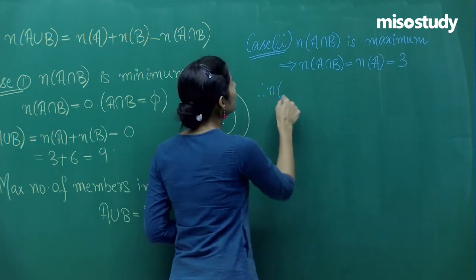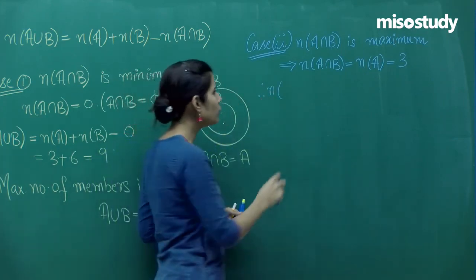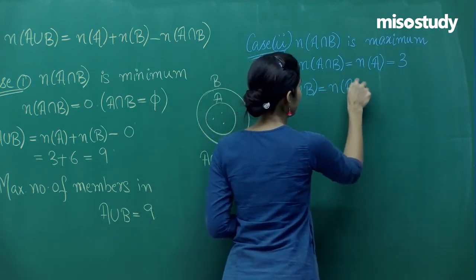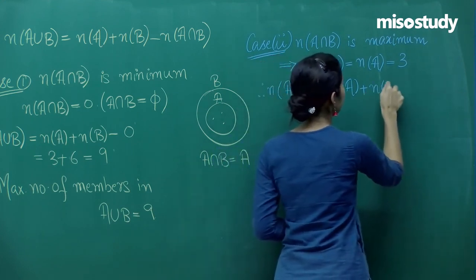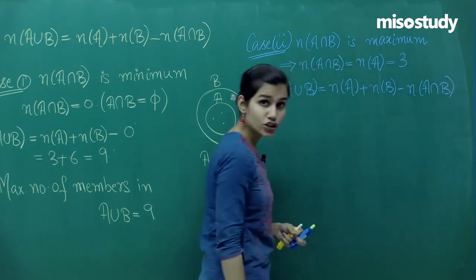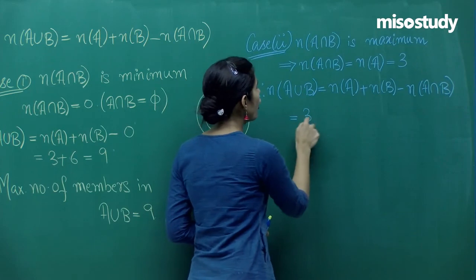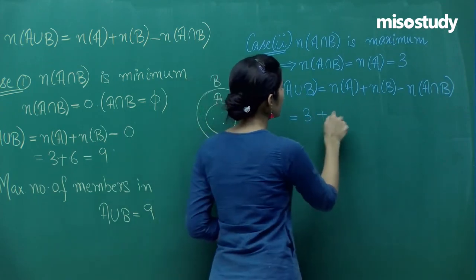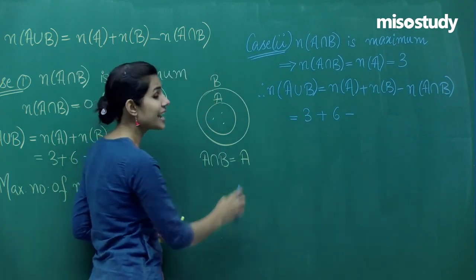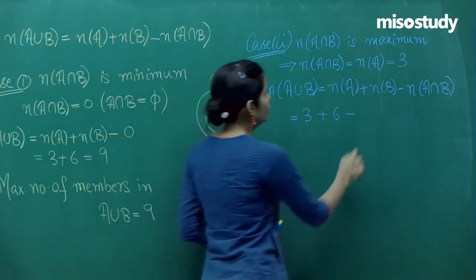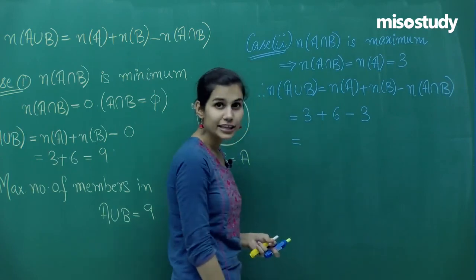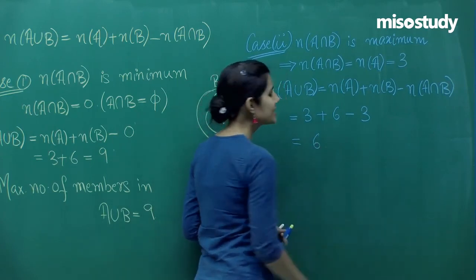Therefore, the minimum number of members in A union B will be the number of members in A plus the number of members in B minus the number of members in A intersection B. The number of members in A is 3, in B is 6, and in A intersection B is the same as in A, which is again 3. And therefore, 6 plus 3, 9, 9 minus 3, which is 6.